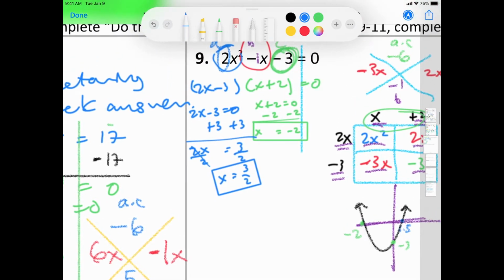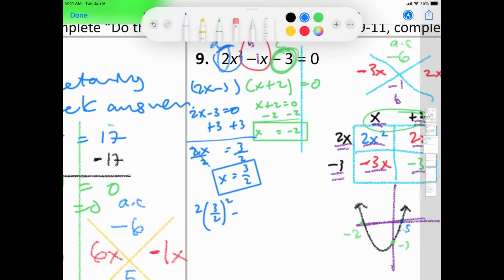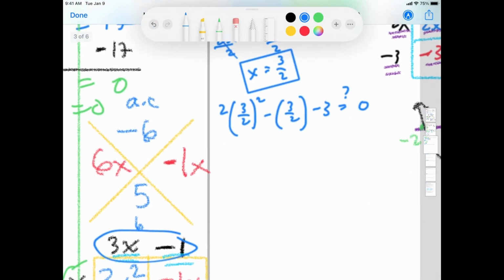And let's go ahead and try to check our answer. 2 times 3 halves squared minus 3 halves minus 3. Does that equal 0? So I'm going to square that first. So I get 9/4 times 2 minus 3 halves minus 3 equals 0.